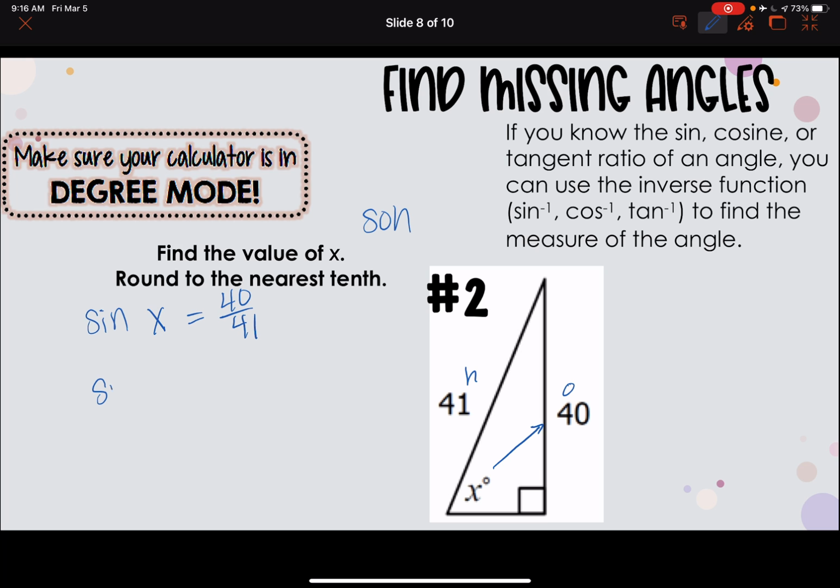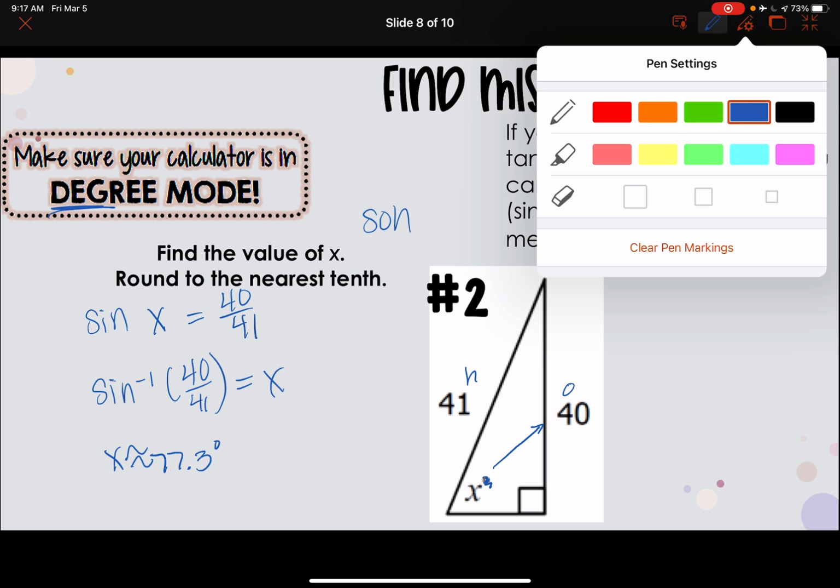So then we're going to do sine inverse of 40 over 41 to get X. Make sure that calculator is in degree mode. And you should get that X is approximately 77.3. If that degree symbol wasn't there, then we would put it on our X. But in this case, it is, so we don't have to worry about it.